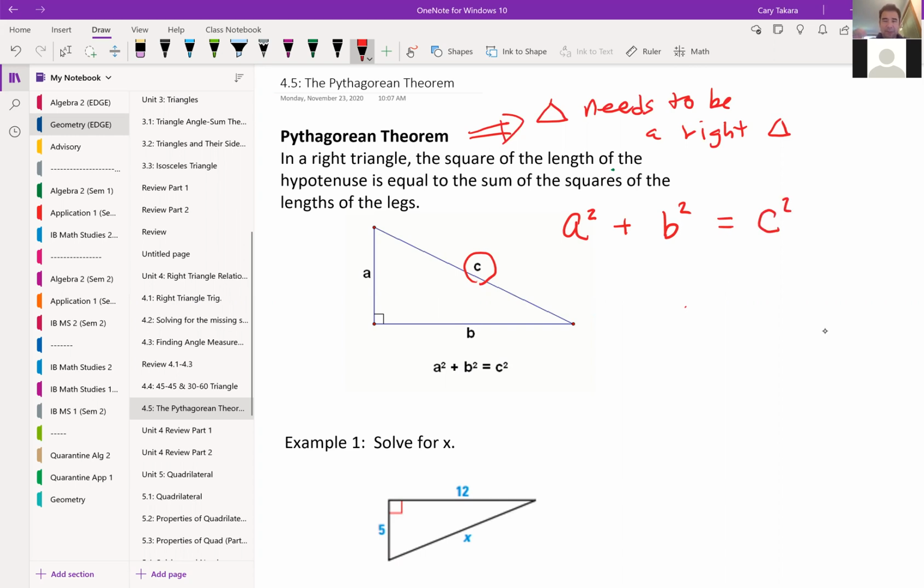A squared plus B squared equals C squared. If you square a leg, and if you square another leg, because A and B are legs, and C is the hypotenuse.